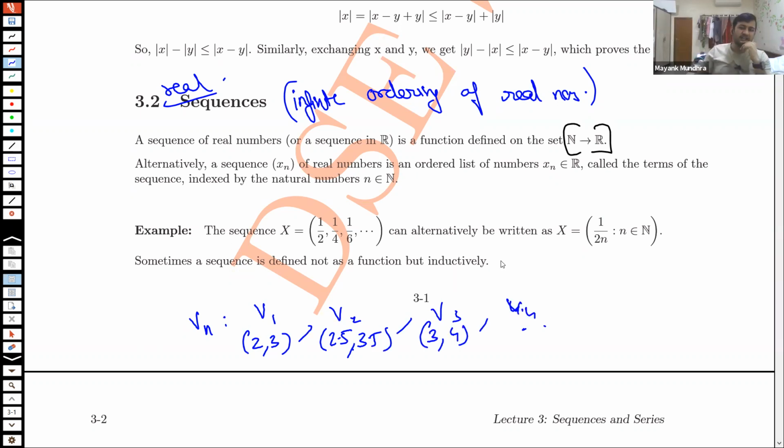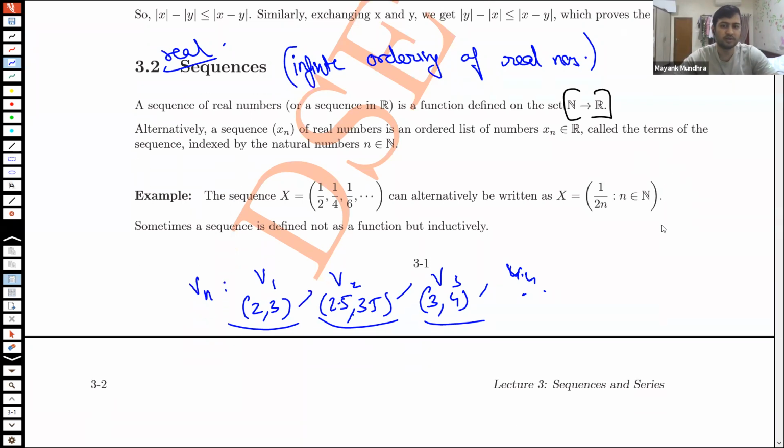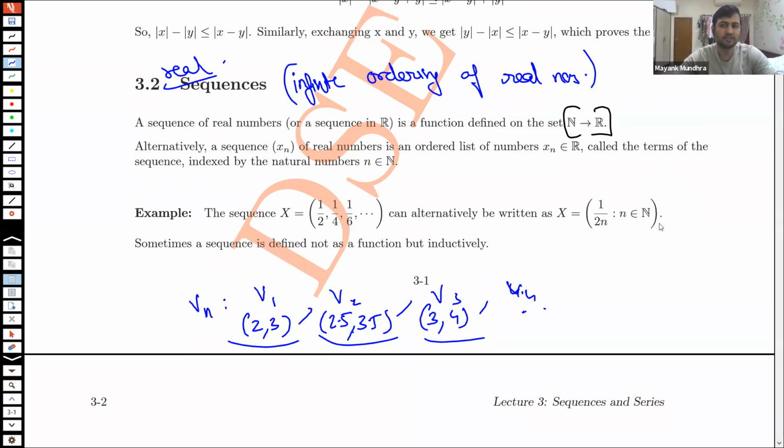So it's an infinite sequence in vectors where each element is a vector. You could have an infinite ordering of complex numbers and so on. The list goes on, but we are mostly interested in sequences of real numbers, because once we know the properties of sequences of real numbers, we can apply them to vectors of real numbers as well. Complex numbers are not in our syllabus anyway.